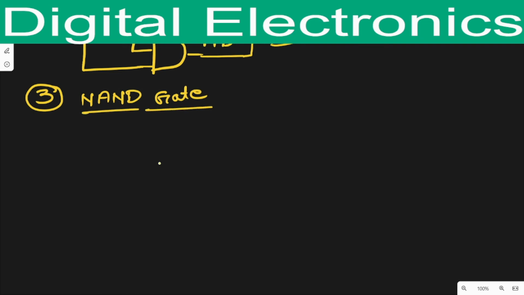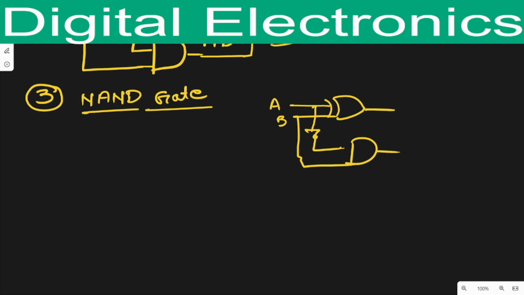Now if I want to draw the half subtractor circuit by using NAND gates only, we know that the half subtractor circuit is represented by using one XOR gate, one NOT gate and one AND gate only.